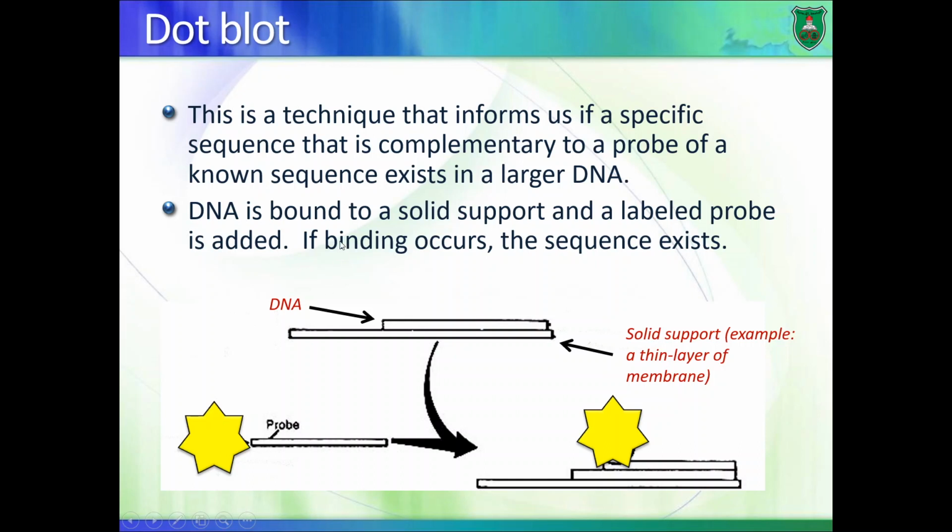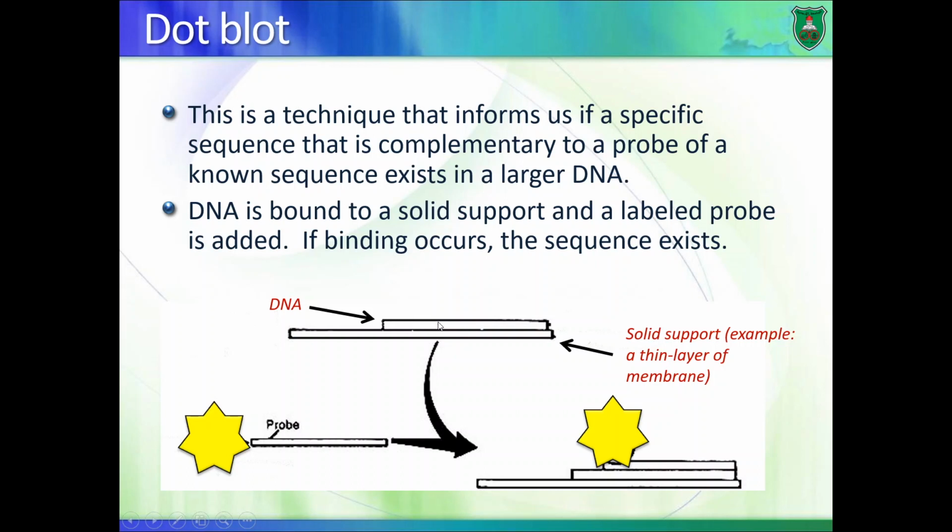So if I add a probe and the probe binds to the DNA sample, I know that this DNA does have a sequence that is complementary to the probe. If there is no interaction between the probe and the DNA, it means that there is no sequence that is complementary to the probe in the original DNA sample.